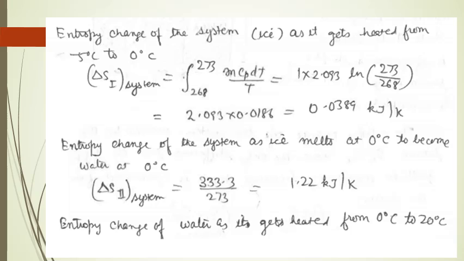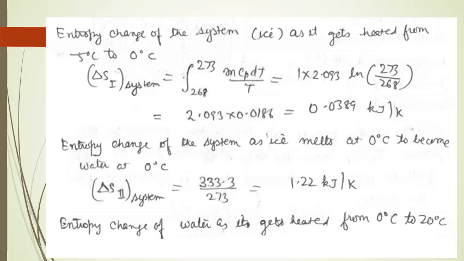So the entropy change of the system, that is ice, as it gets heated from minus 5 degrees Celsius to 0 degrees Celsius, will be del Q upon T, and del Q will be m Cp dT because we assume that heat transfer is taking place at constant pressure. So m Cp dT upon T is integrated from 268 to 273 Kelvin, that is minus 5 degrees Celsius to 0 degrees Celsius.